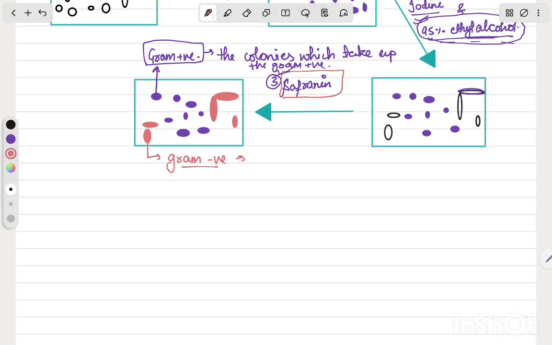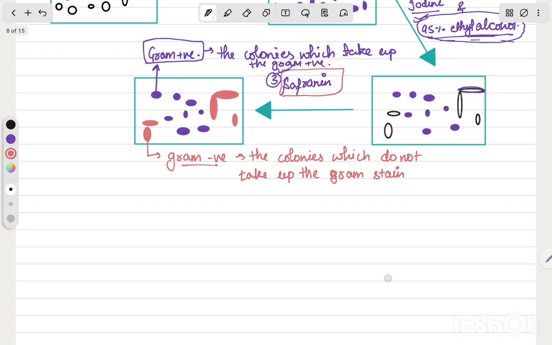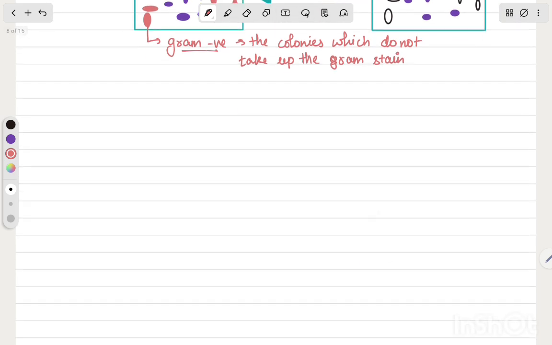Gram negative are the colonies or the bacteria which do not take up the gram stain. Now, what are the major differences between gram positive and gram negative bacteria?